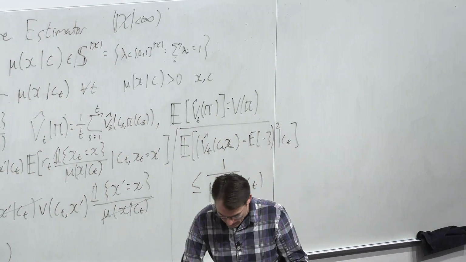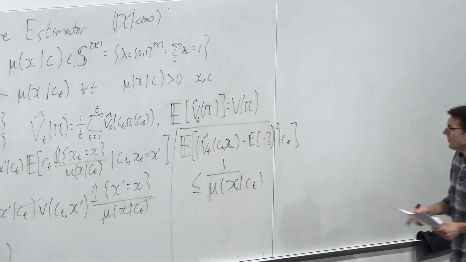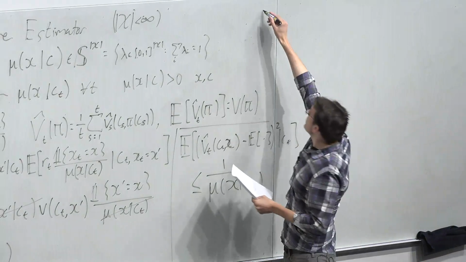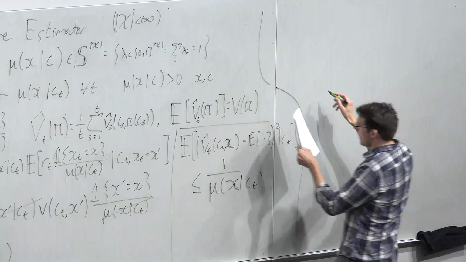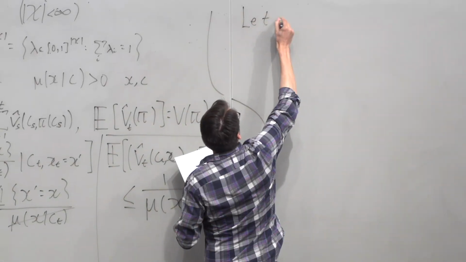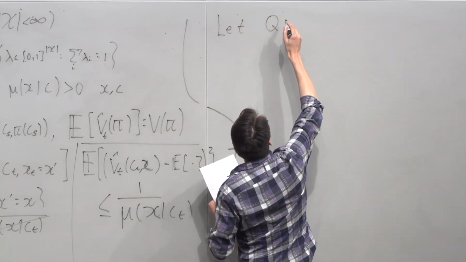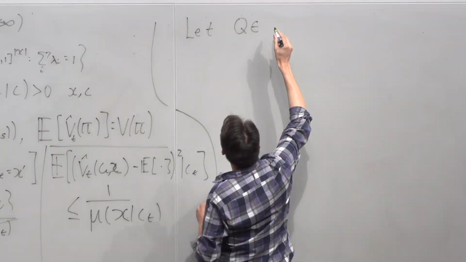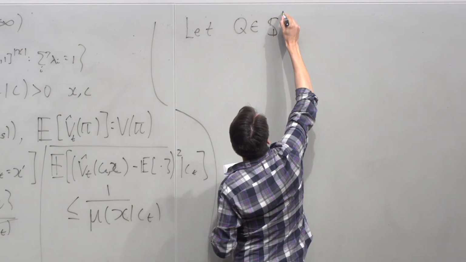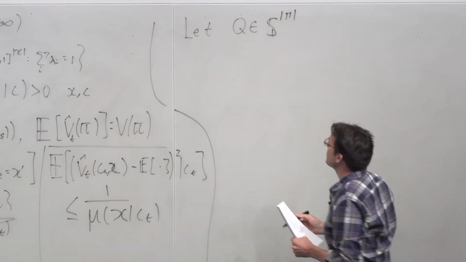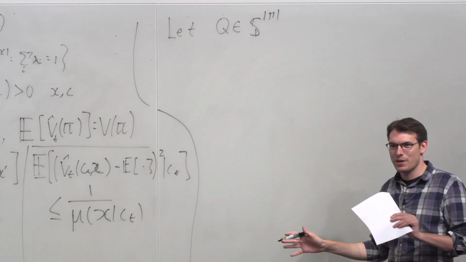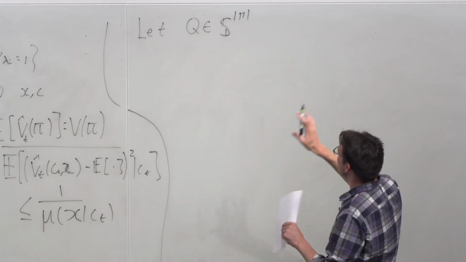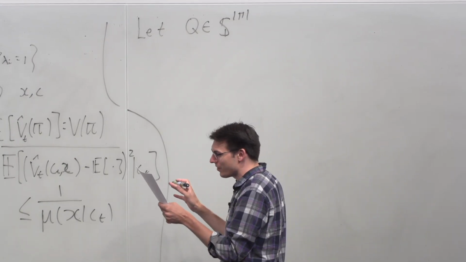Okay. Now the big reveal is, how do we actually do this? So what I'm going to do is let Q be a distribution over policies. So it's going to be a distribution over policies in big Pi. This big Pi could be an enormously large set, by the way, like uncountably large. But no, it has to be countable. Let's just say it's finite, but it could be very, very large.